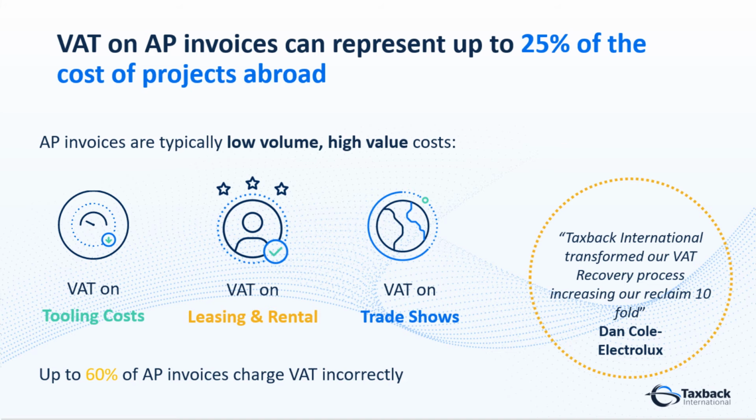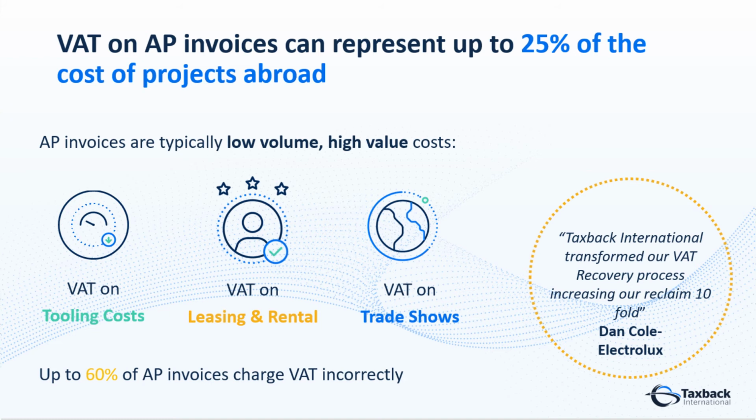Now, the rules for zero rating of dispatched goods or services are pretty much based on the fact that the customer must be registered for value-added tax in another member state. The seller obtains and retains the customer's VAT registration number, including the country prefix. The seller quotes their VAT number and the customer's VAT number on the sales invoice, and the goods are dispatched or transported to another member state.